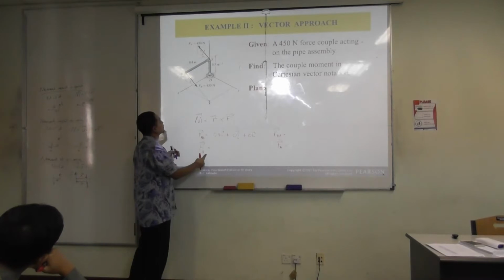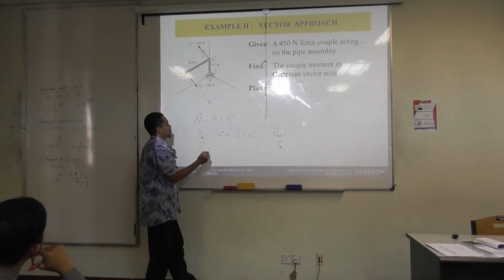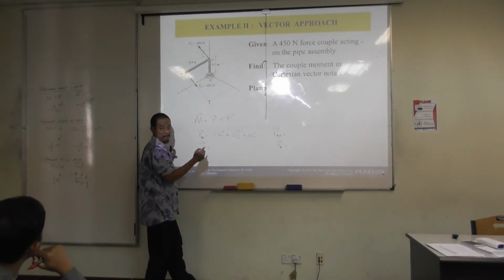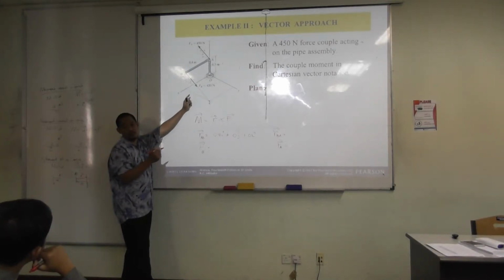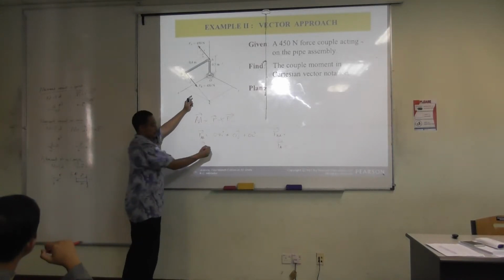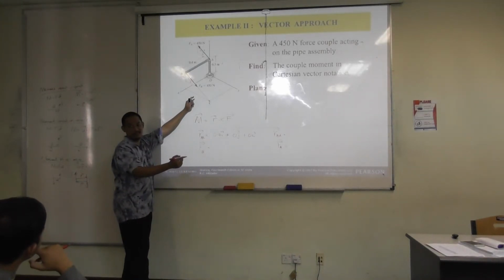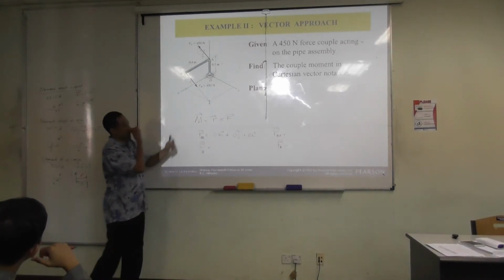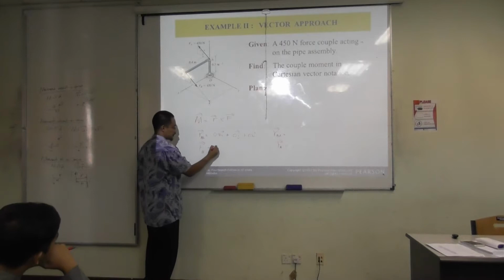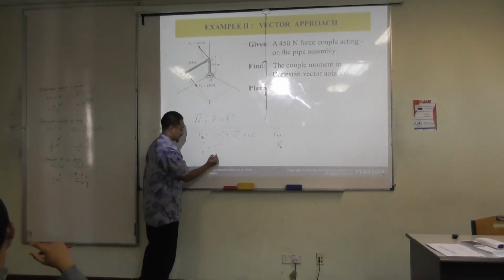What about FB? How to express this in vector? What is the x component? X component for this one. Zero i. That is. One i?